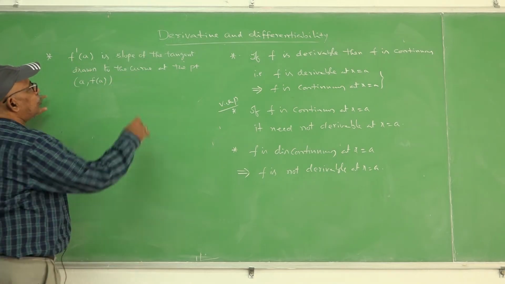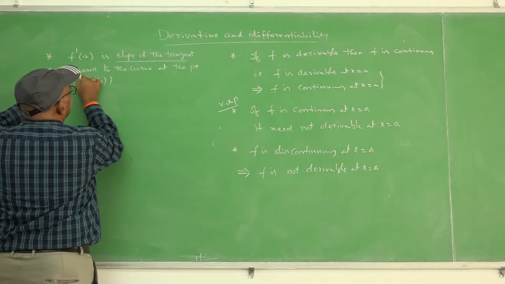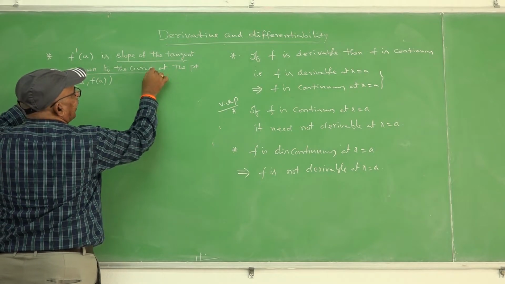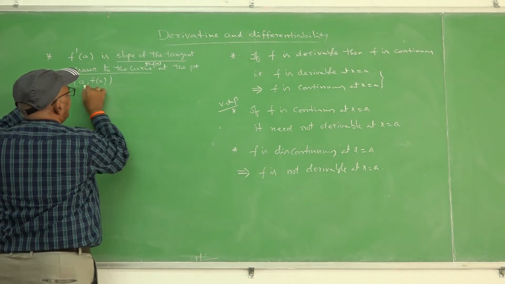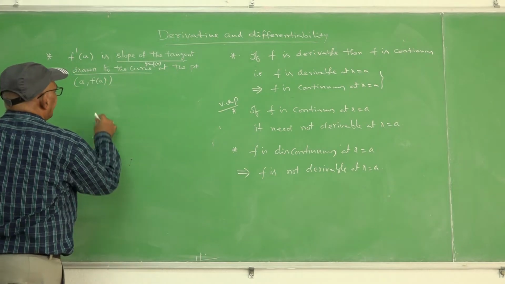It is the slope of the tangent drawn to the curve y equal to f x, of course, at the point a comma f of a.